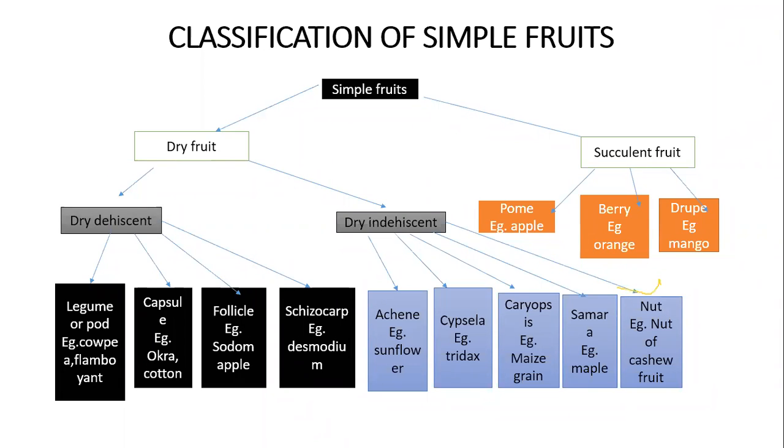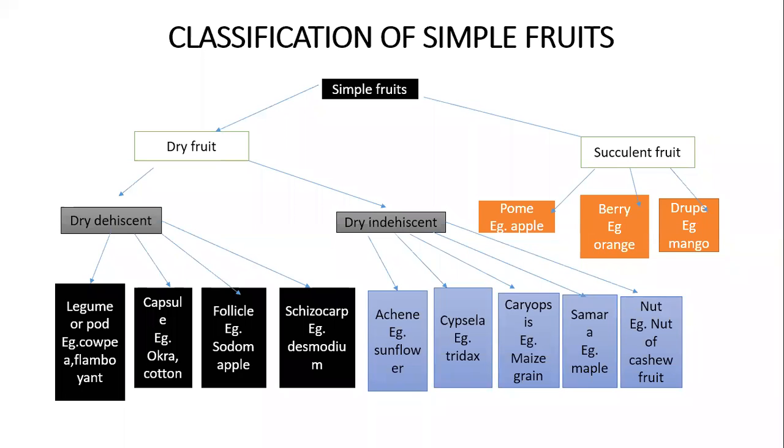Now, under this dry fruit, there are two further classifications where we can classify these dry fruits under dry dehiscent fruits and dry indehiscent fruits. Now, what is this dry dehiscent fruit?